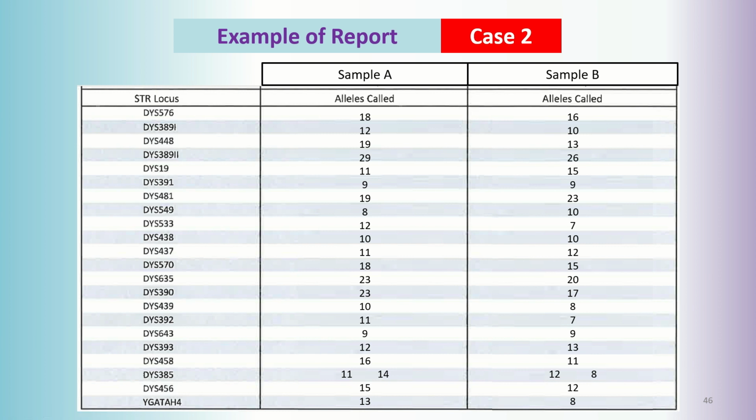So here it is very strong to say that the sample we found at the crime scene does not belong to the suspect. This one 18, 16, this one 10, this one 10. Yes, this one is the same, but most of them are different.